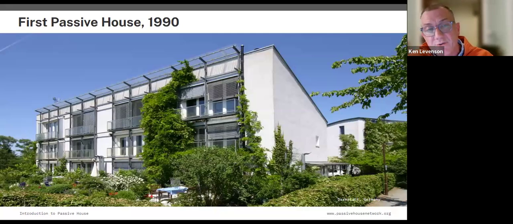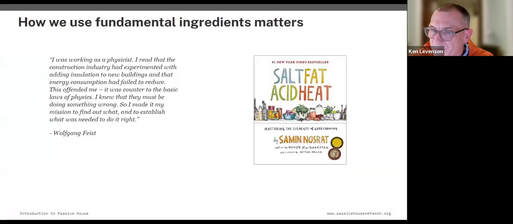So the Institute was developed out of this experiment. The methodology was developed and formalized, and then it continues today as a research institute, tweaking and developing the standard and new applications for building types.